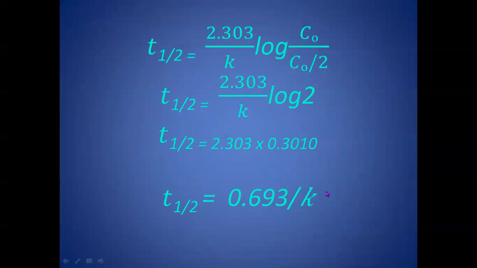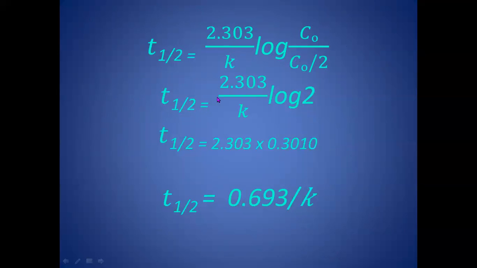So we get T half as equal to 2.303 by K log C0 by C0 by 2. Here C0 gets cancelled and we will remain with log 1 by 2. And when we invert the fraction, we get log 2.